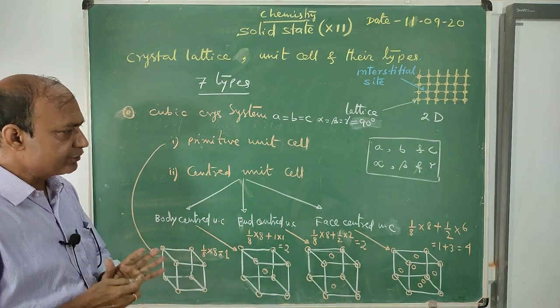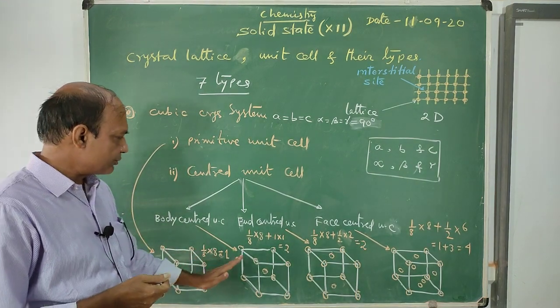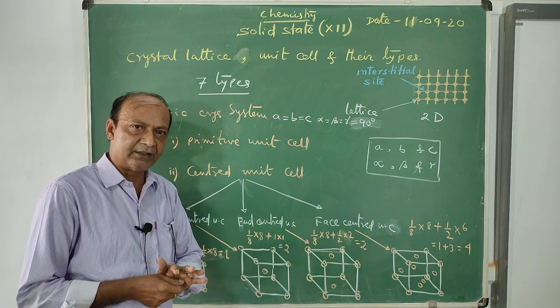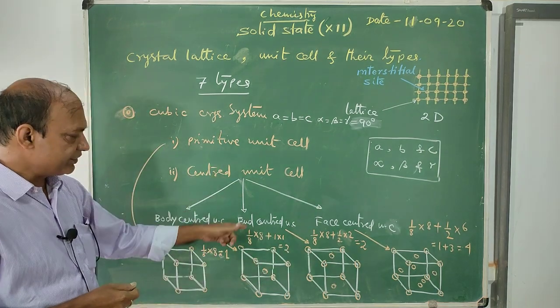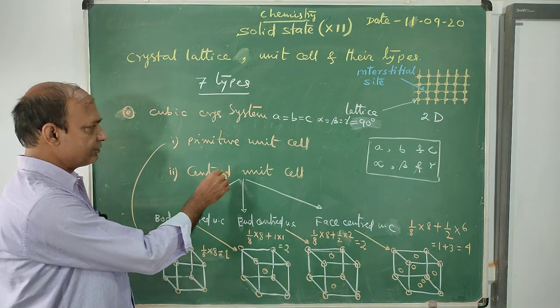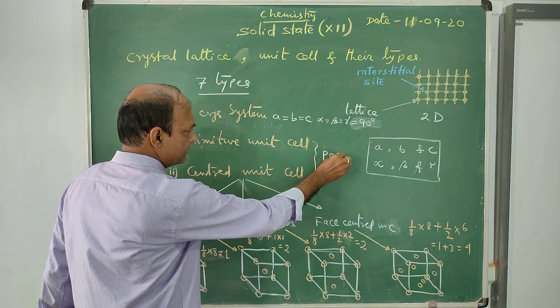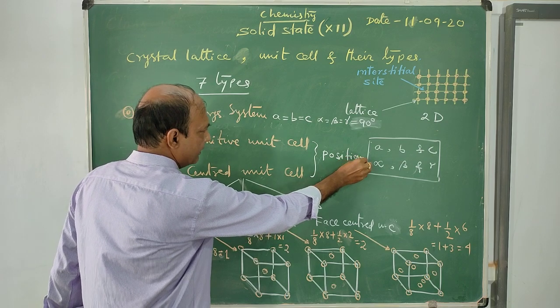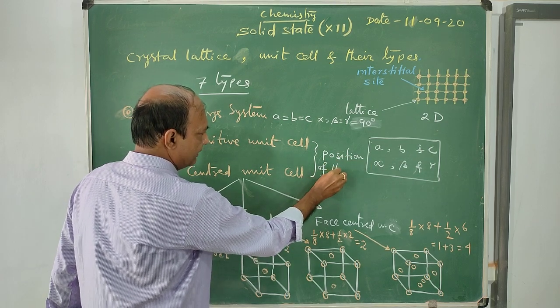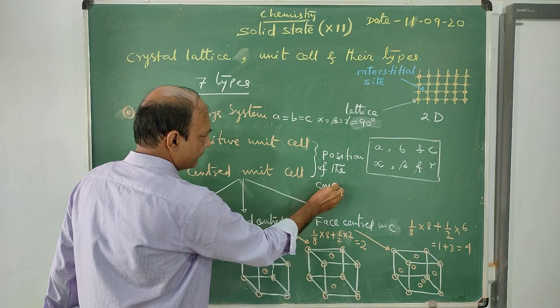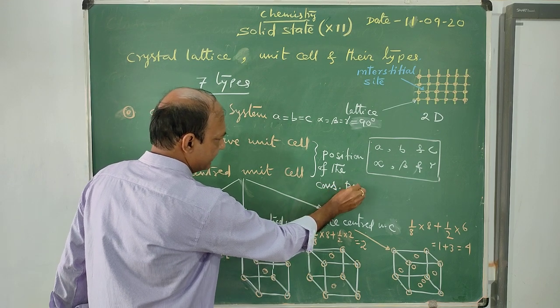Now, we have understood the different types of unit cells on the basis of the position of the particles. This is classified on the basis of the position of the constituent particles.